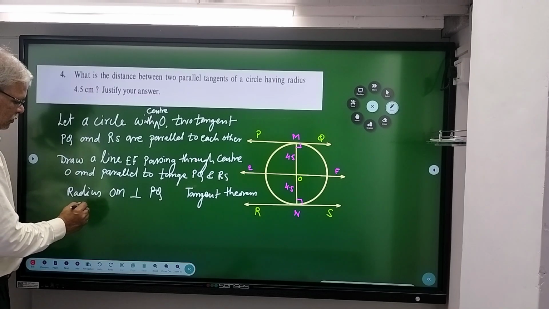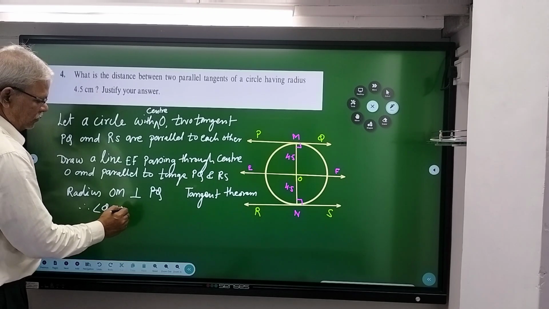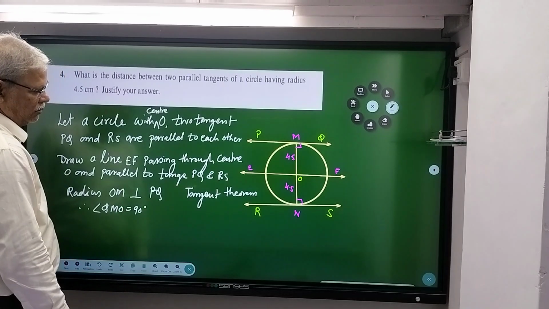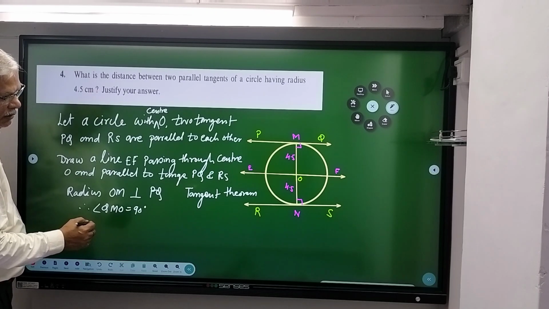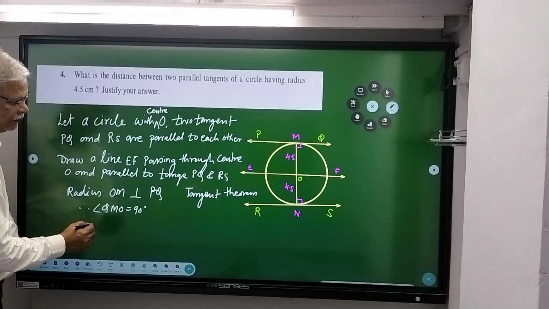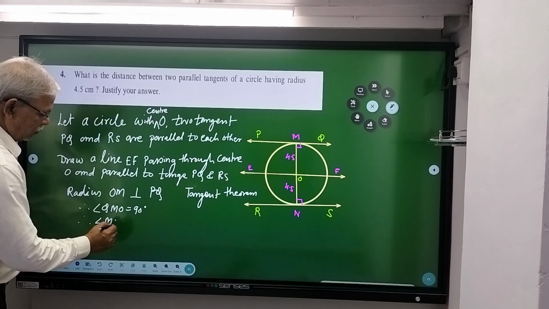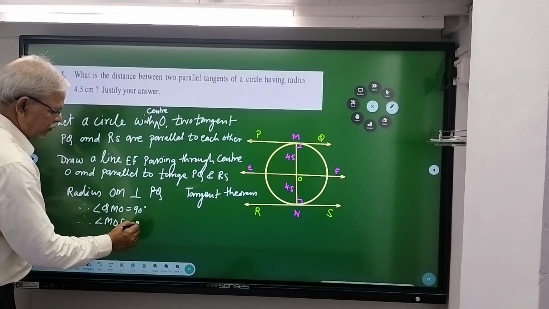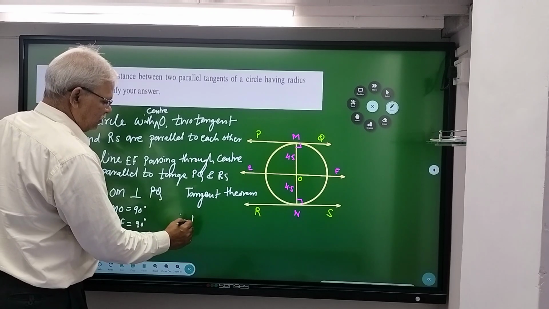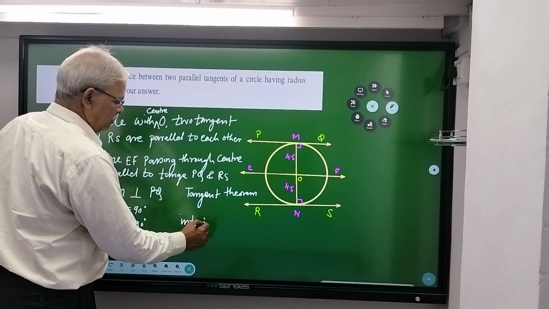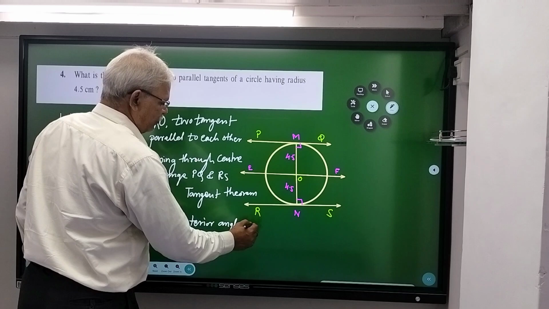Therefore, angle QMO is 90 degrees. Now, therefore, angle MOF will also be equal to 90 from the interior angle property.